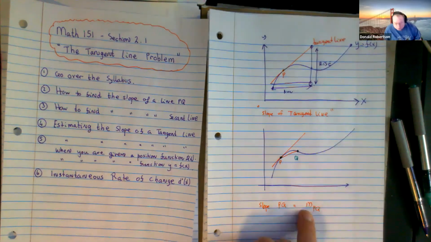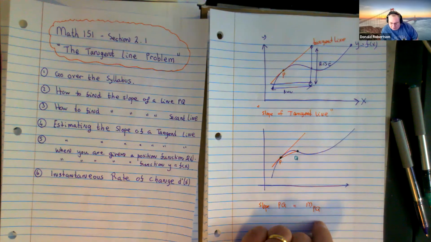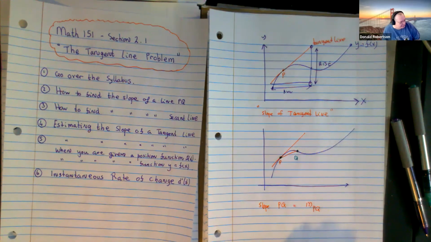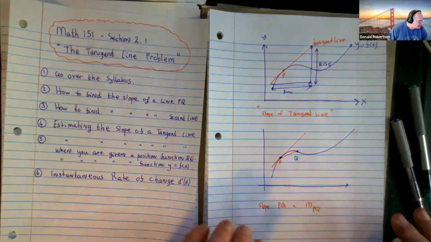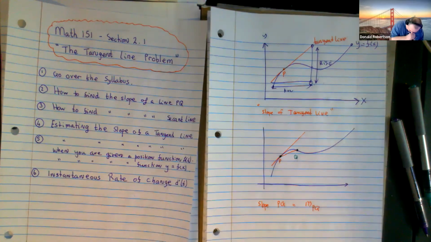I do not know why they use the letter M for the slope of anything, but MPQ means the slope of the line PQ. So I'm going to make up a reason. Slope is probably a word that starts with the letter M in French, and so we end up having to use it. That's as good a lie as any other lie. So MPQ, slope of a tangent line.